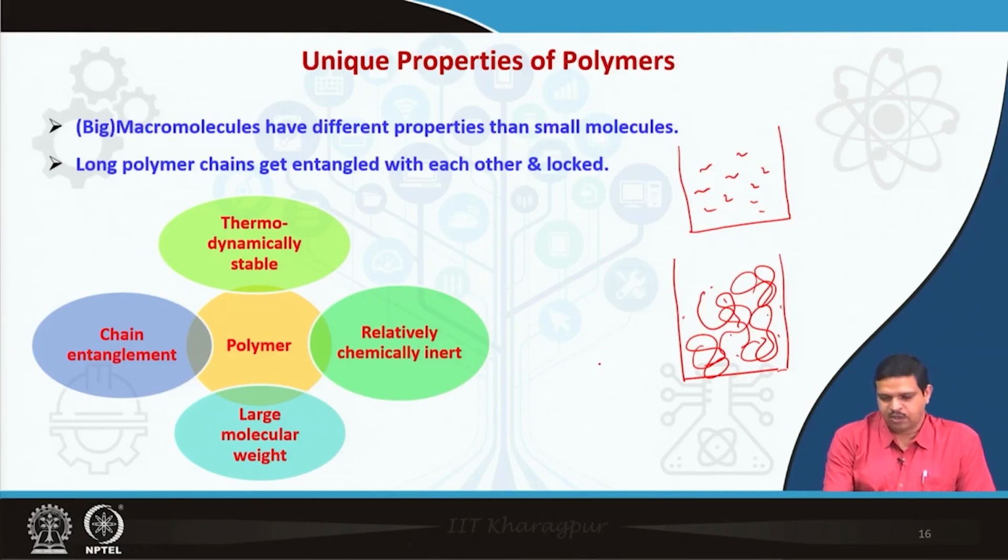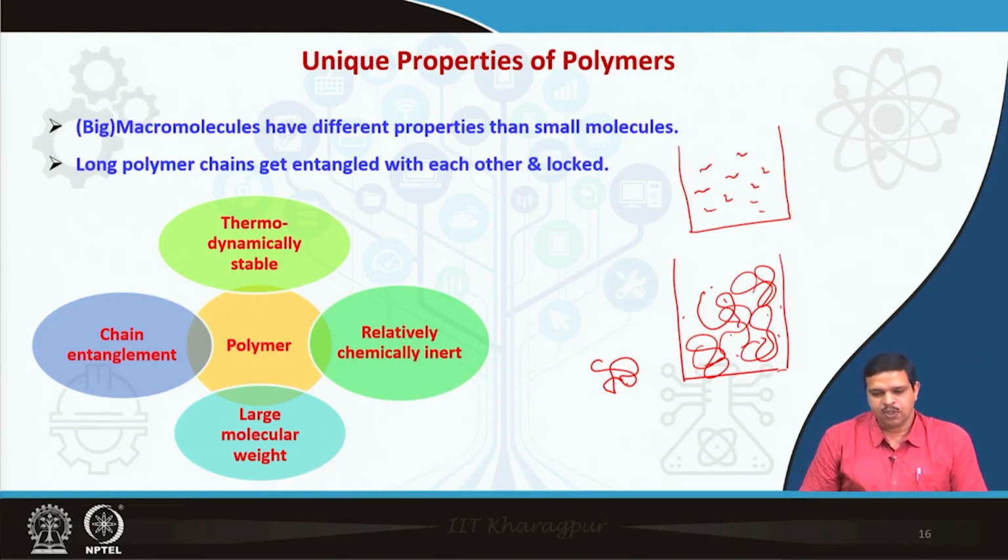This is the basic phenomenon of the polymer in solution, and that is one of the reasons why the solution behavior is different from small molecule to polymer. So, that we will try to understand, how different it is.